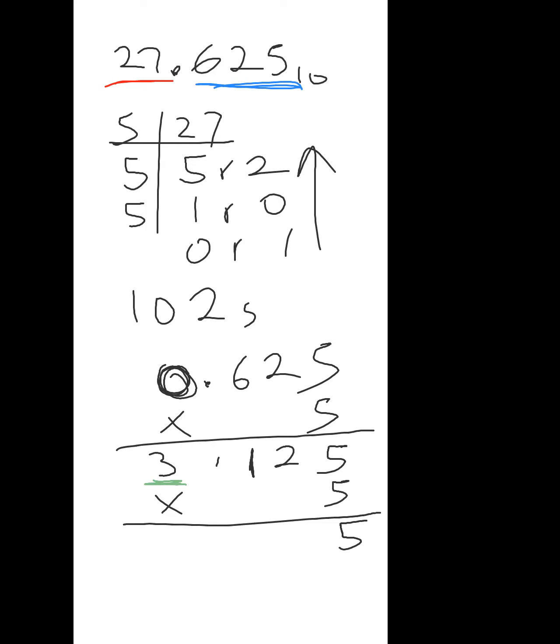I will write 2 on the other side. Then 5 times 2 is 10. So 10 plus 2 is 12. So I'll write 2. Then I'll carry 1. 5 times 1 is 5. Plus 1, that will be 6. So there's nothing to multiply. You don't multiply the number you are picking already. You just put 0 there. Then you continue to multiply by 5.